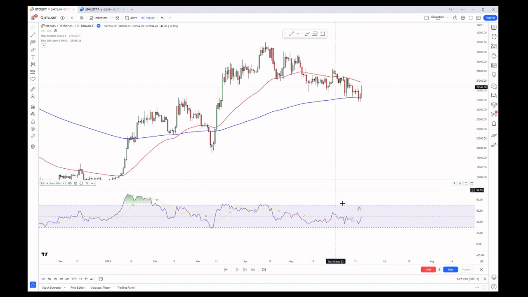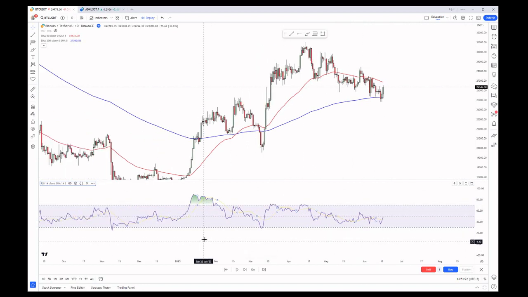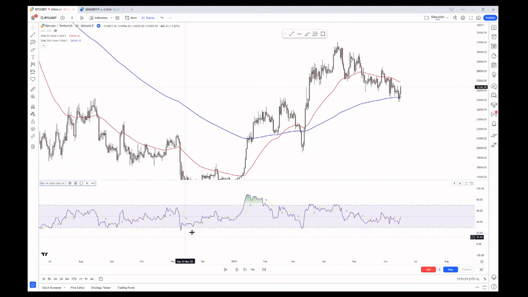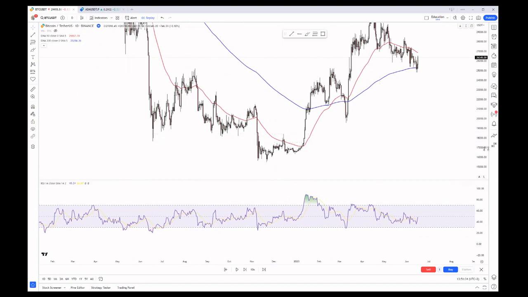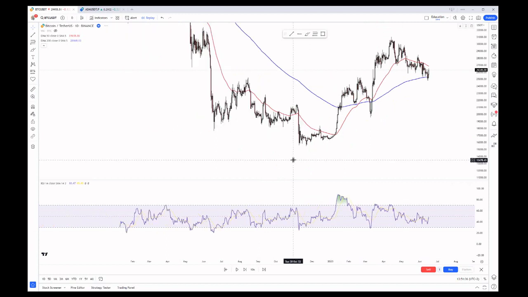And if it's above 70, it means it's overbought, and it could give you a trend reversal. And if it's under 30, it means it's oversold, and it could also signal a trend reversal.